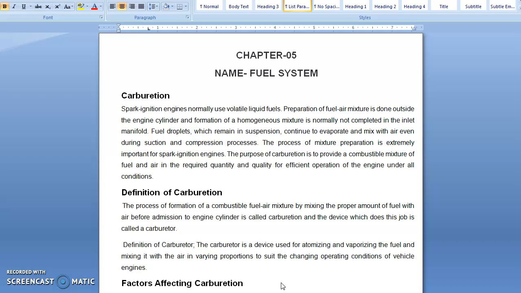So, let us discuss the first component as per your syllabus, that is the carburetor. The mixture of petrol and air burns in the combustion chamber of the engine. The carburetor is a device which is used to mix the petrol with air in the proper ratio for the purpose of combustion.